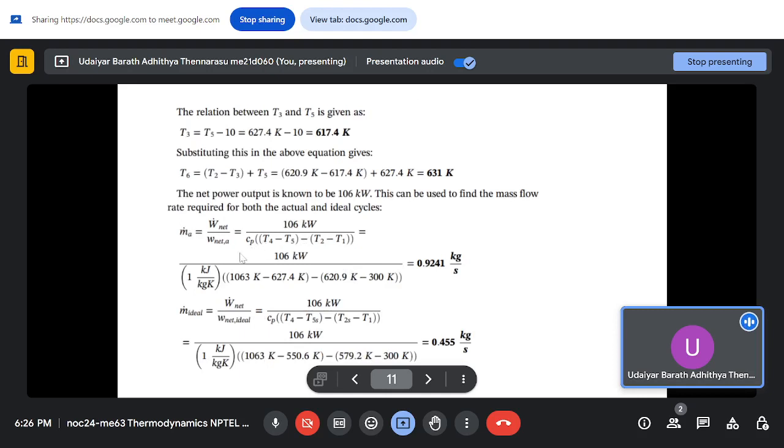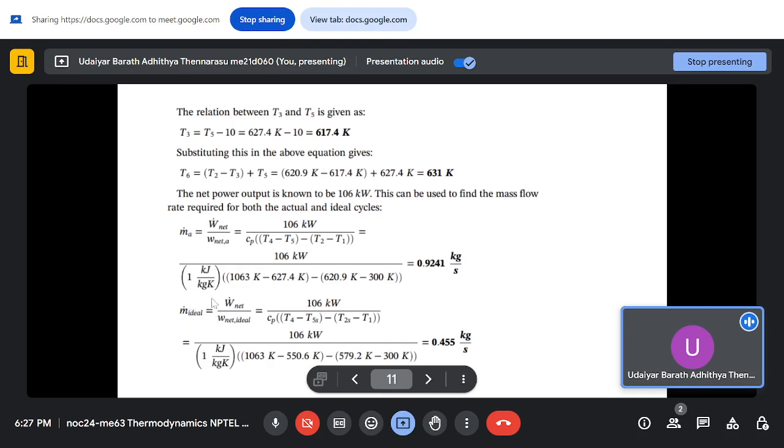So m dot A into Cp (T4 minus T5), this is your turbine work output, and Cp (T2 minus T1) is your compressor work input. So you subtract that, into m dot A, which equals 106 kilowatt. So from there we can find out m dot A. We know Cp, we know all the temperatures. So substituting that, we will find that the mass of air required is 0.9241 kg per second.